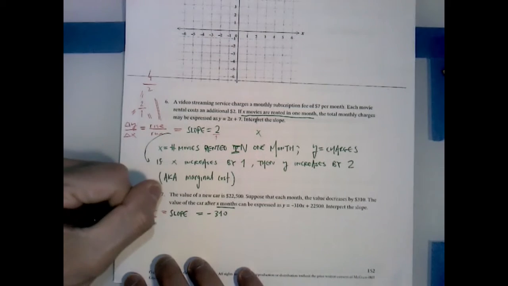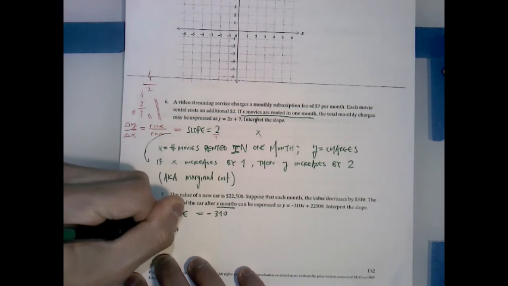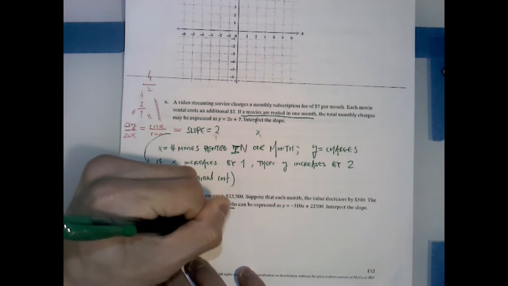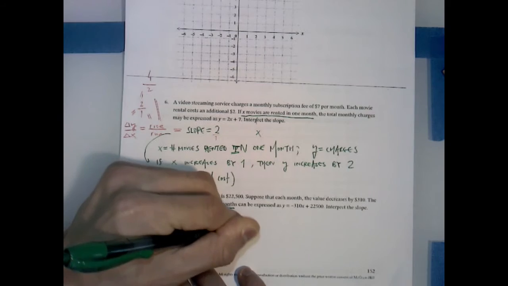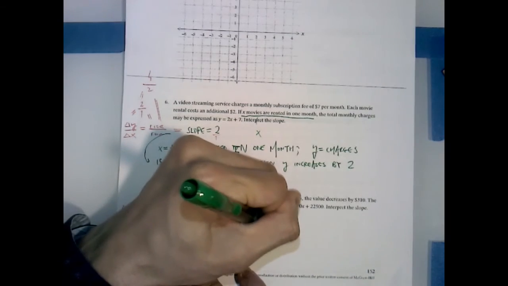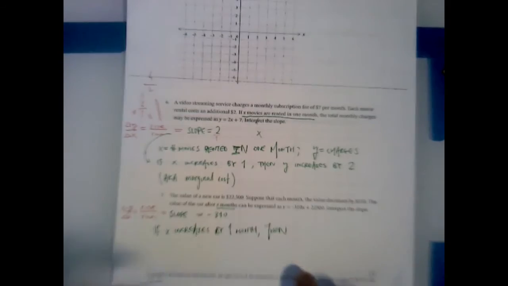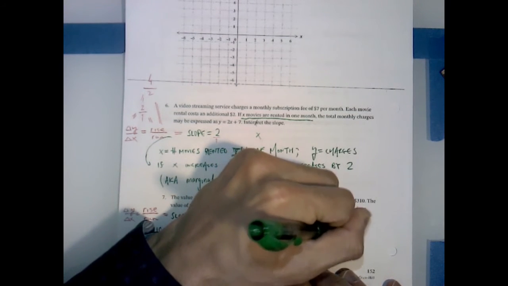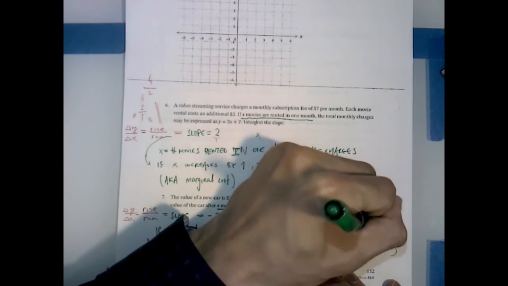Literally, if x increases by 1 month, then y decreases, and it's decreasing because of the negative, by $310.